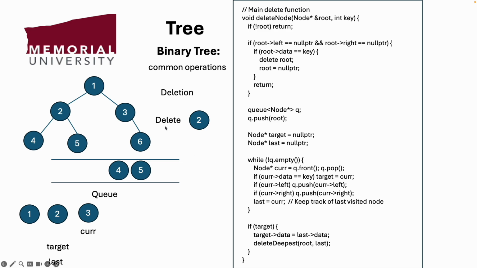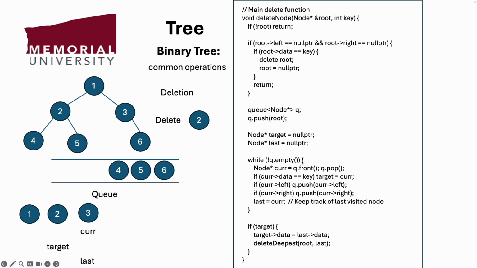Does node 3 have a right child? Oh yes, it's node 6. Now we push node 6 into the queue. And then we assign last, which was pointing to node 2 before, but now it equals the current. So it moves to point to the current node, which is node 3.